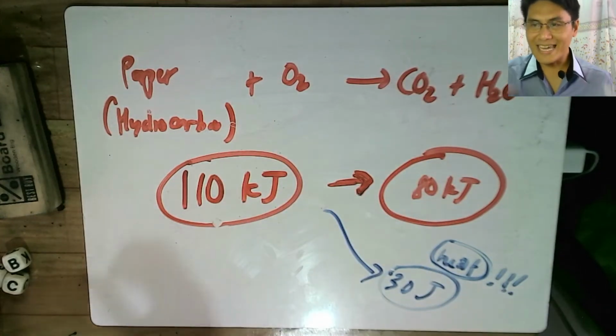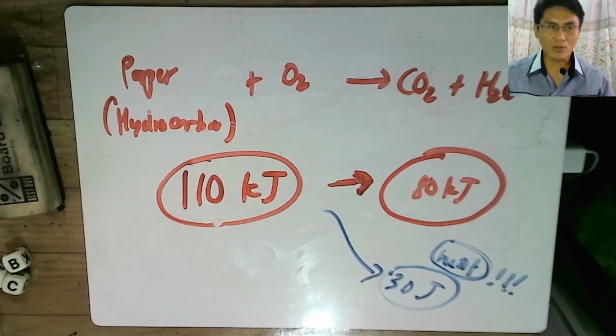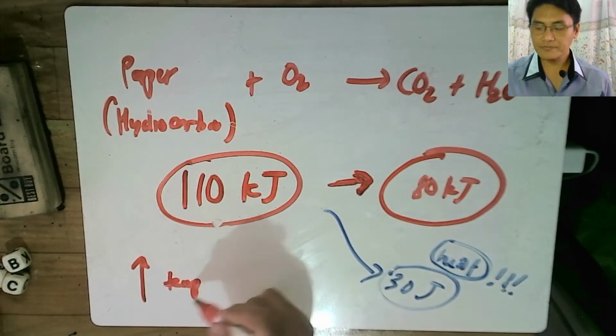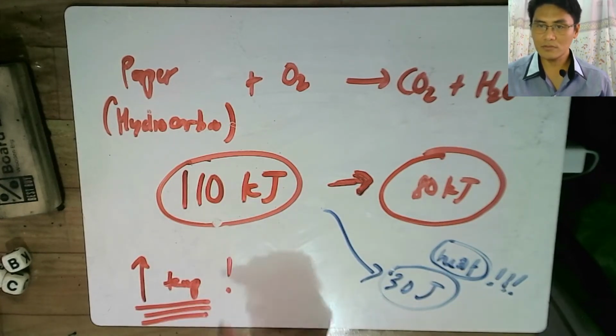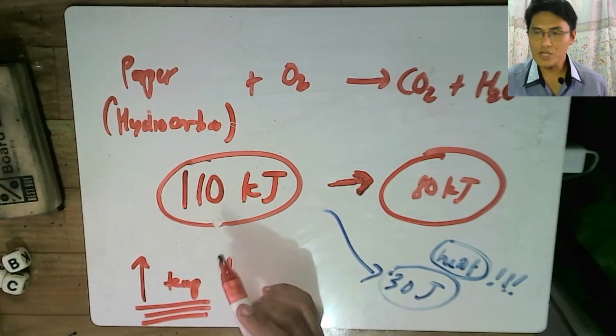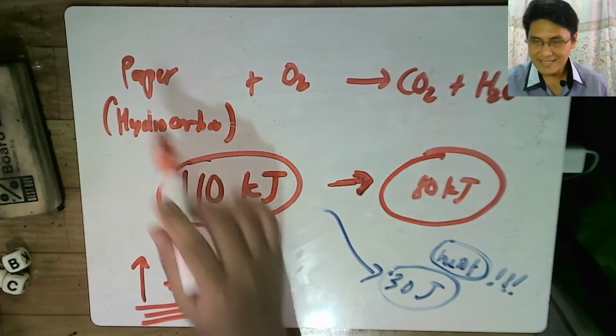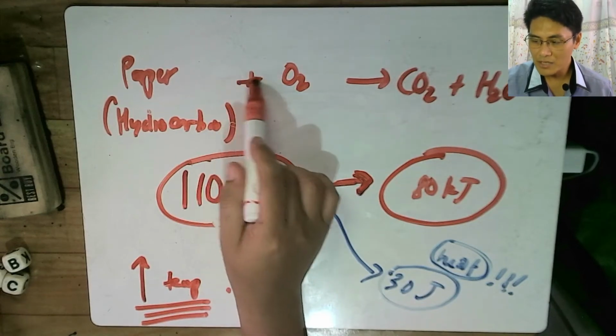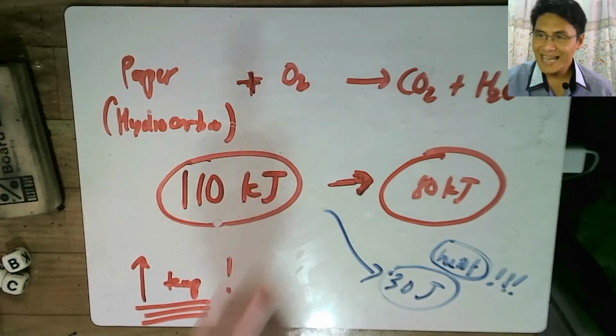And whenever heat is released, guess what? What would you feel? You would feel an increase in temperature. Okay? And this increase in temperature is exactly what happens when you burn paper in the chemical reaction. When you burn paper, heat is produced.